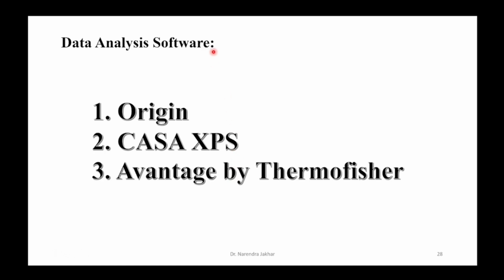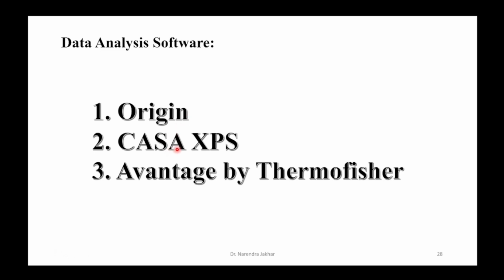The data analysis software: first is the Origin software. Nowadays, Origin is equipped very well to analyze XPS data. It provides different background schemes, can fit multiple peaks and so on, and can be utilized by new beginners for XPS data analysis.